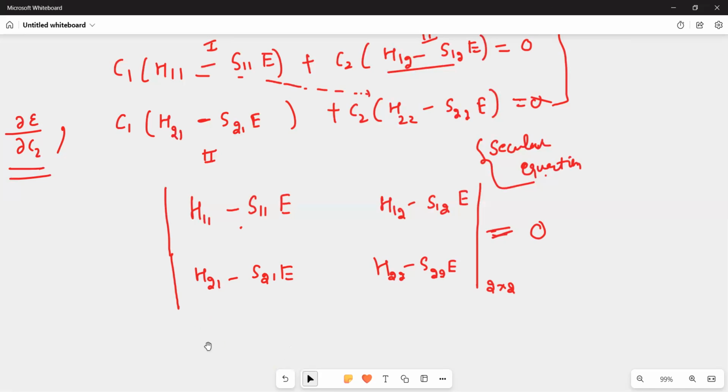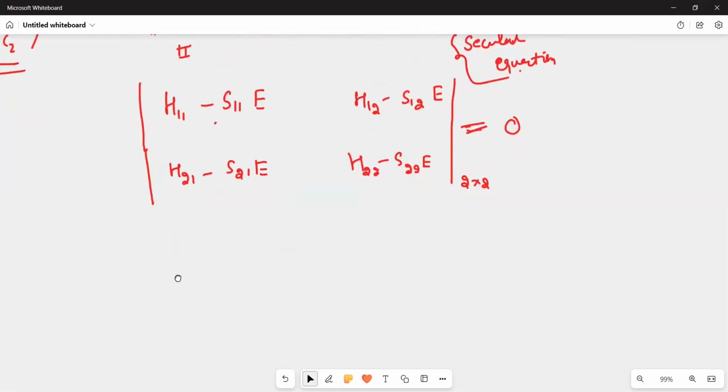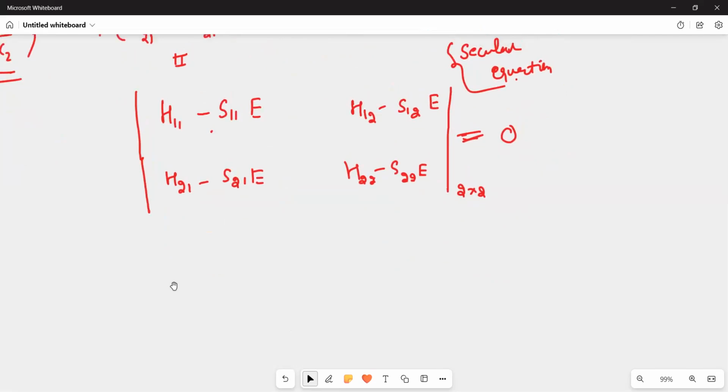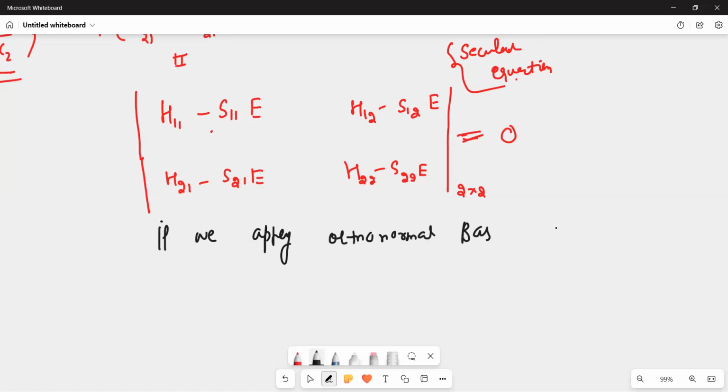Students, we can further modify this determinant if we use an orthonormal basis. What does it mean? If we apply an orthonormal basis to these integrals, which wave functions are present in these integrals?